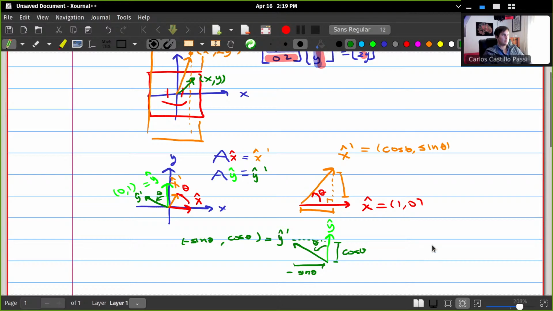So can someone tell me the matrix now? Let's start with the first component, this one.